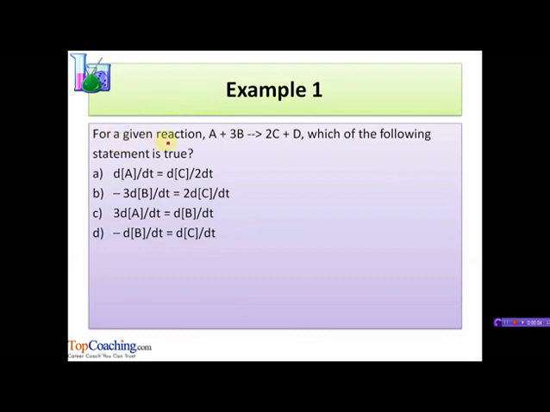Let's take an example. For a given reaction, A plus 3B gives 2C plus D. Which of the following statements is true? So before checking out these choices, let's first write the expression of instantaneous rate for this reaction.